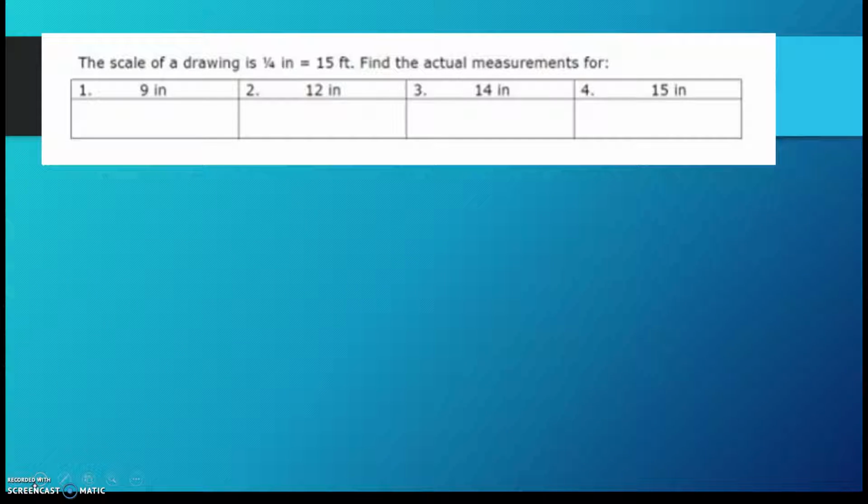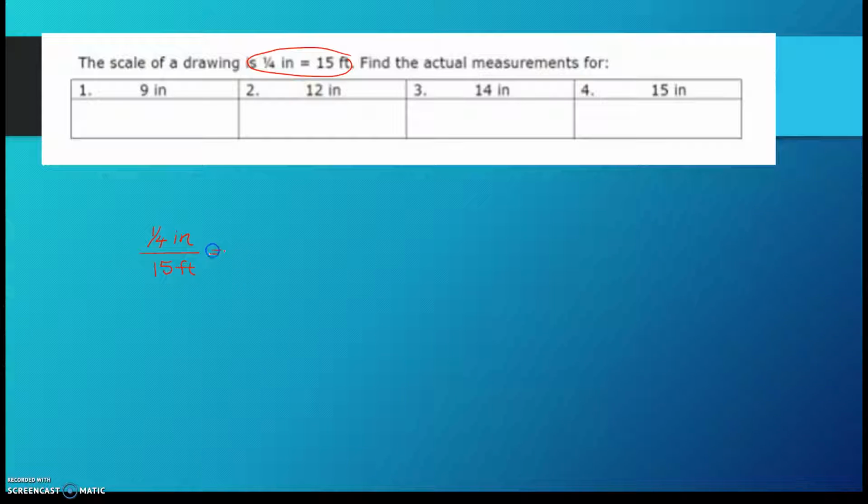So it's definitely something that is used on a daily basis, depending on your profession. All right, so let's take a look at this. This is exactly the same thing we've been doing. It gives us our scale. For each one, our scale is going to be 1/4 inch or 0.25 over 15 feet.